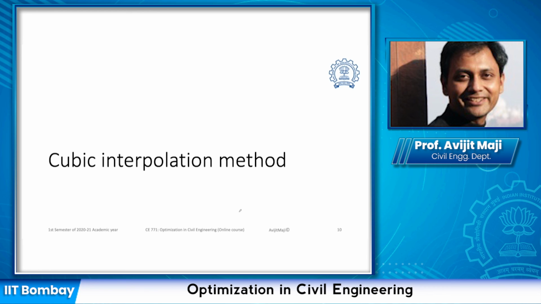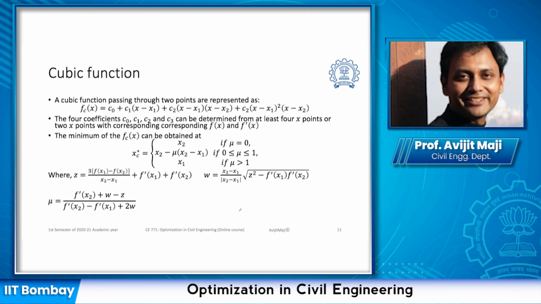In this case, we are going to use the cubic function to approximate the given objective function and try to find out the optimum solution. So if you are looking into the cubic function, it is going to be of this nature, and here we are going to have 4 coefficients, C0, C1, C2 and C3.